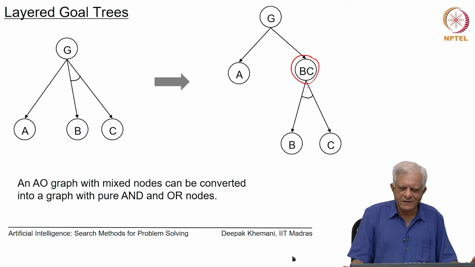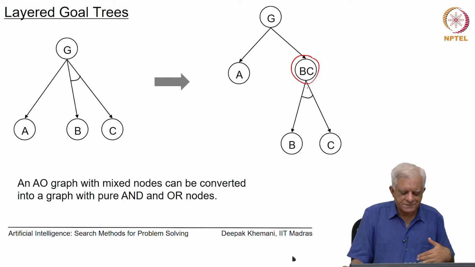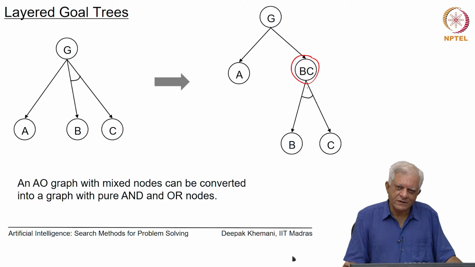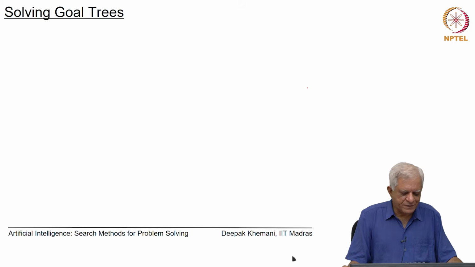So, the min level was a little bit like an AND node there, because you have to explore all possible ways of proceeding from there. So, there are similarities as I said, but you can always break down a problem which is of mixed nature into a layered problem, where alternate layers are AND nodes and OR nodes.